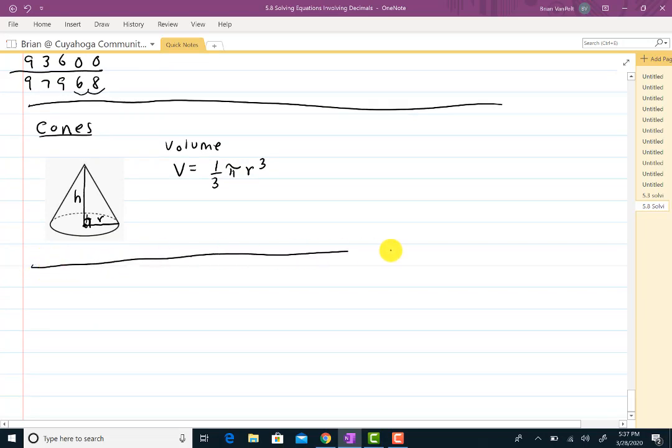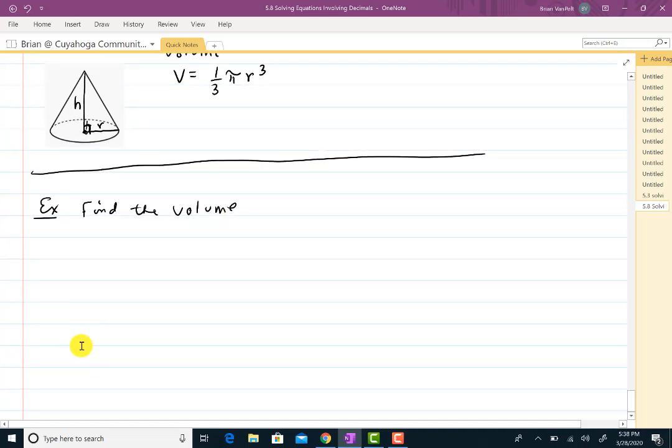So as an example, find the volume. And the cone that we have, let me go ahead and paste it again. Our cone has a height of 6 feet.